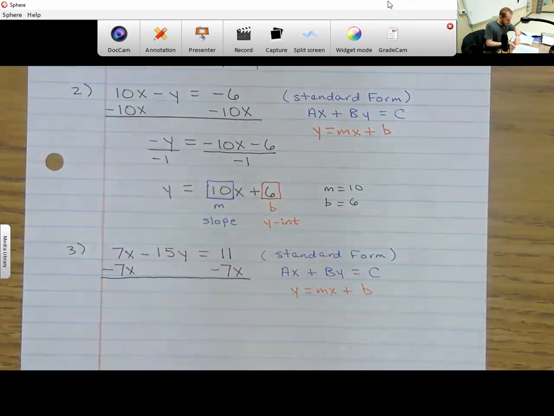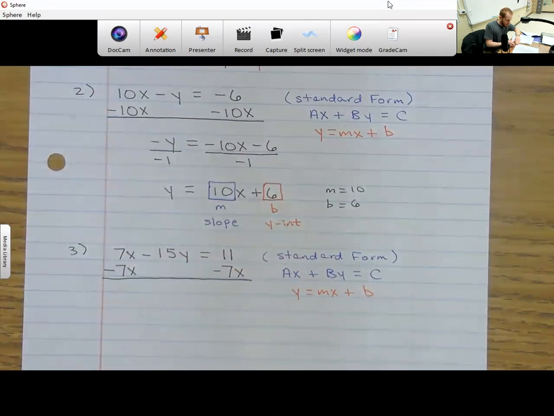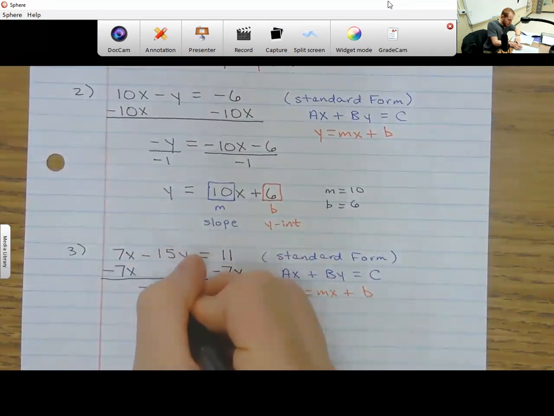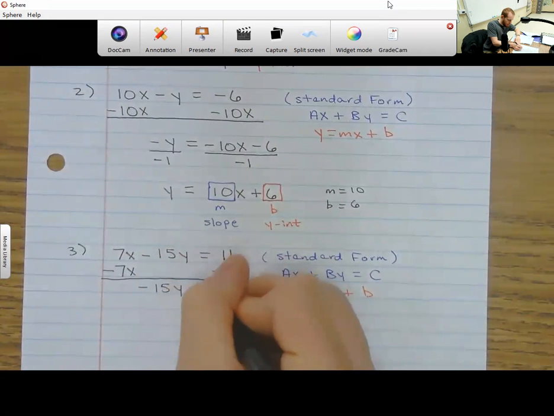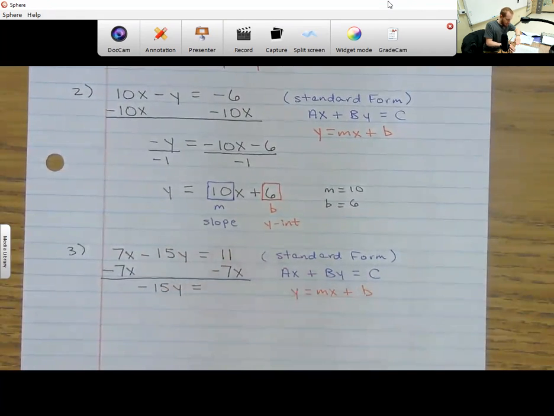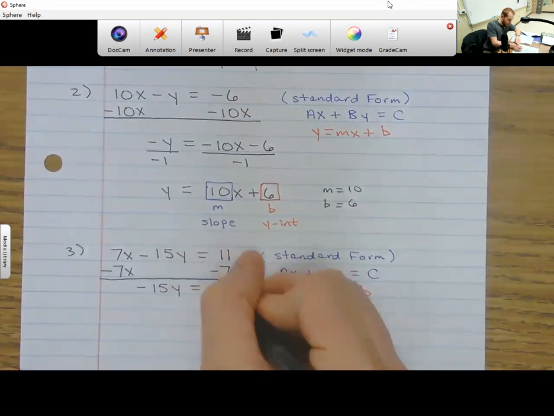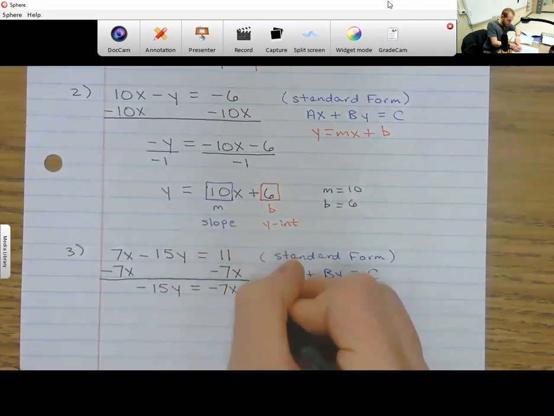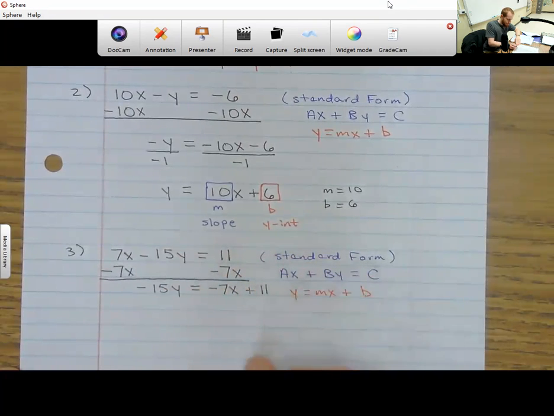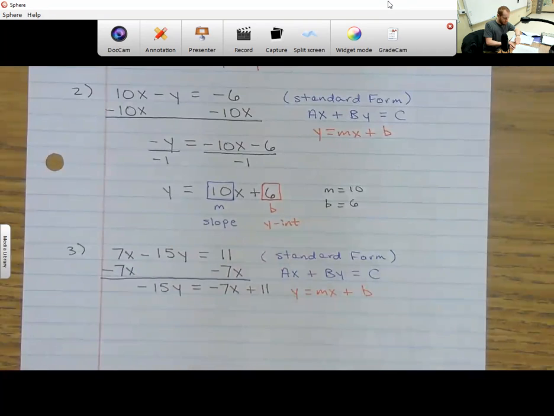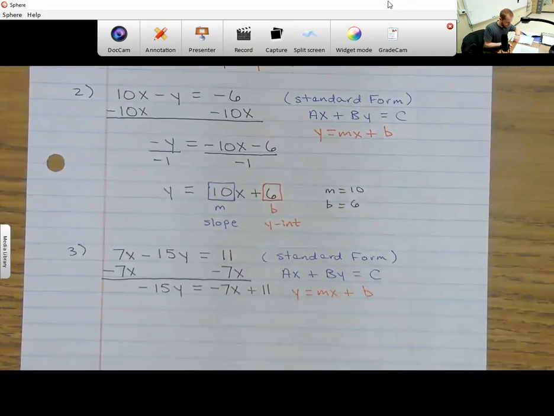So on the left side, the only thing that remains is a negative 15y. And then what's going to be on the right side? A negative 7x plus 11. Good. Okay.